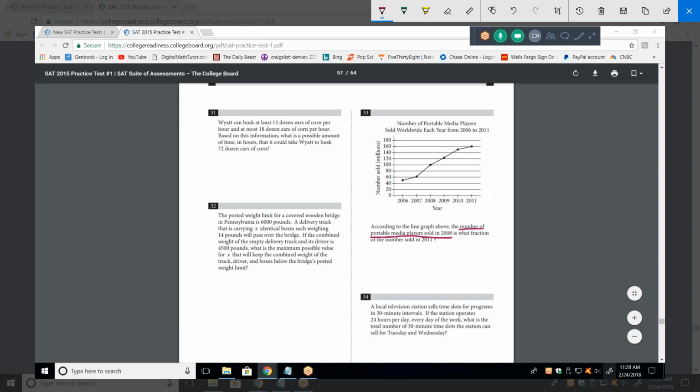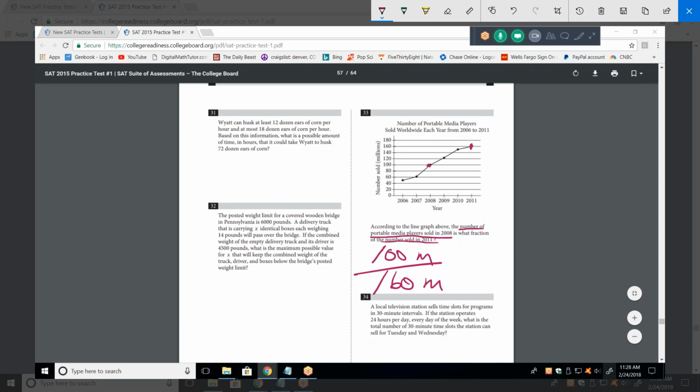Well, let's answer that before we do anything else. What's that number right there? It's 100 million. Okay. So that answer is 100 million, and it's what fraction of the numbers sold in 2011? What's that number? 160 million. So it's 100 million over 160 million.